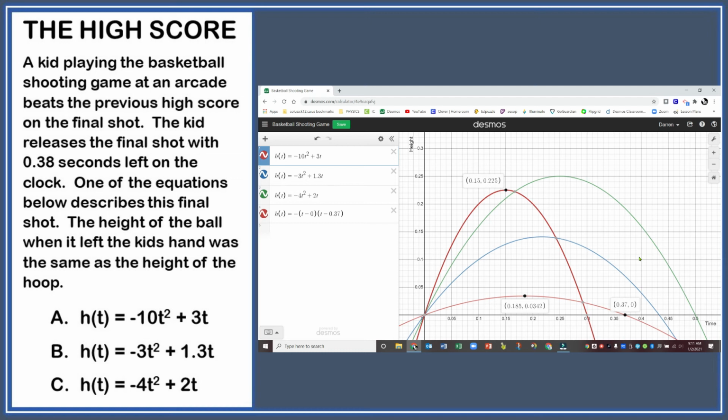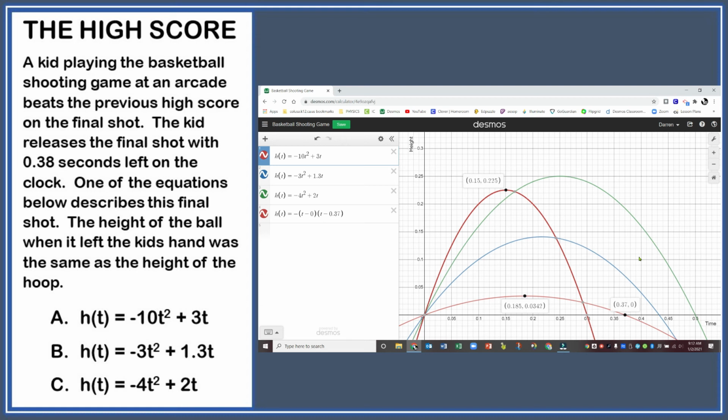So choice C, the green parabola, it took 0.5 seconds for the ball to go in. So the game would have ended before the ball went through the hoop. For the blue parabola, the ball also would have gone in after the game ended. So the only choice was choice A. That was the only parabola where it went through the hoop before the game would have ended.